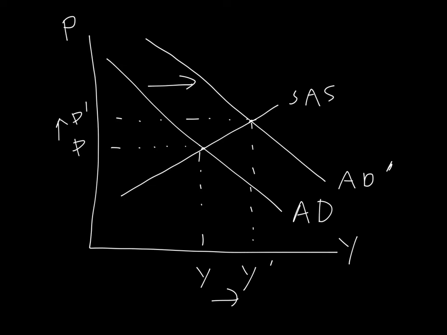And as you might guess, if we look at contractionary monetary policy, dampening the economy, we would end up shifting the aggregate demand curve to the left, and we would end up having a reduction in the aggregate income at equilibrium and a reduction in the price level. Everything would just go in the opposite direction.